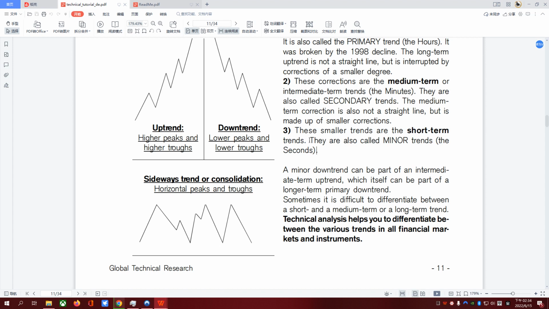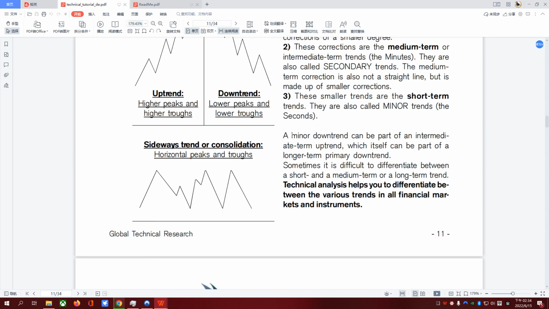Most day traders and intraday traders try to capture this minor volatility. That's how they make money. So a minor downtrend can be part of an intermediate-term uptrend, which itself can be part of a longer primary downtrend. As you can see, this is the structure of the trend.